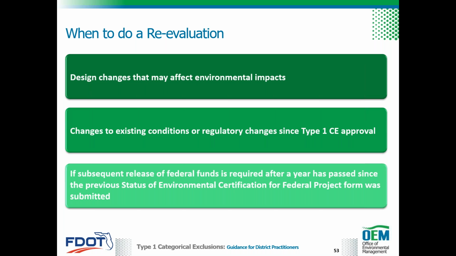And note that design changes may include right-of-way changes, roadway or drainage, easements or temporary construction easements not previously known or previously identified. Reevaluations are also needed when existing conditions have changed since the completion and approval of the last Type 1 Categorical Exclusion checklist. They also should be completed if subsequent release of federal funds is required after a year has passed since the previous status of environmental certification for federal form project was submitted.